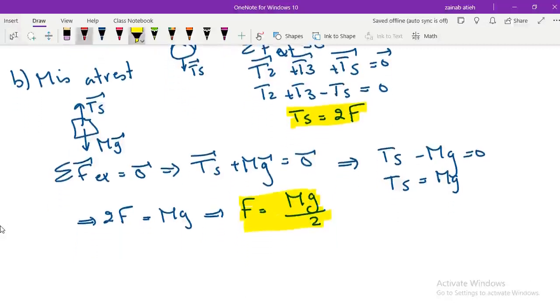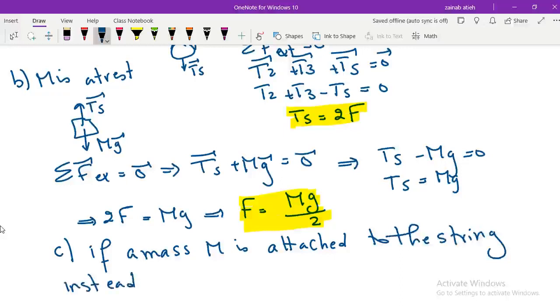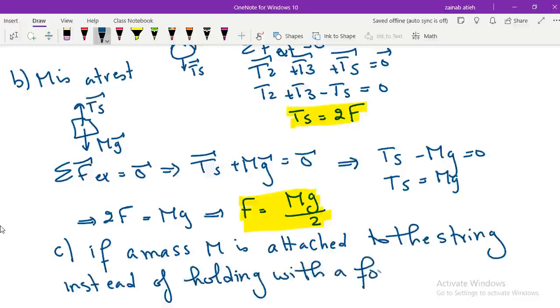This is part C. It says: if a mass m is attached to the string instead of holding it with a force F, this mass m is enough to make the pulley move, meaning it moves downward, and the large pulley and the small pulley will move upward.